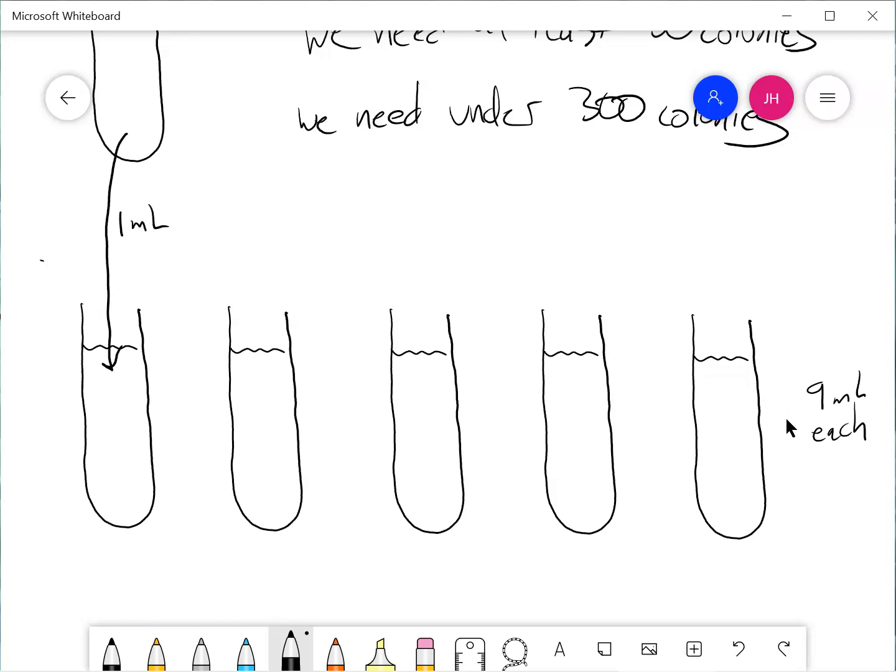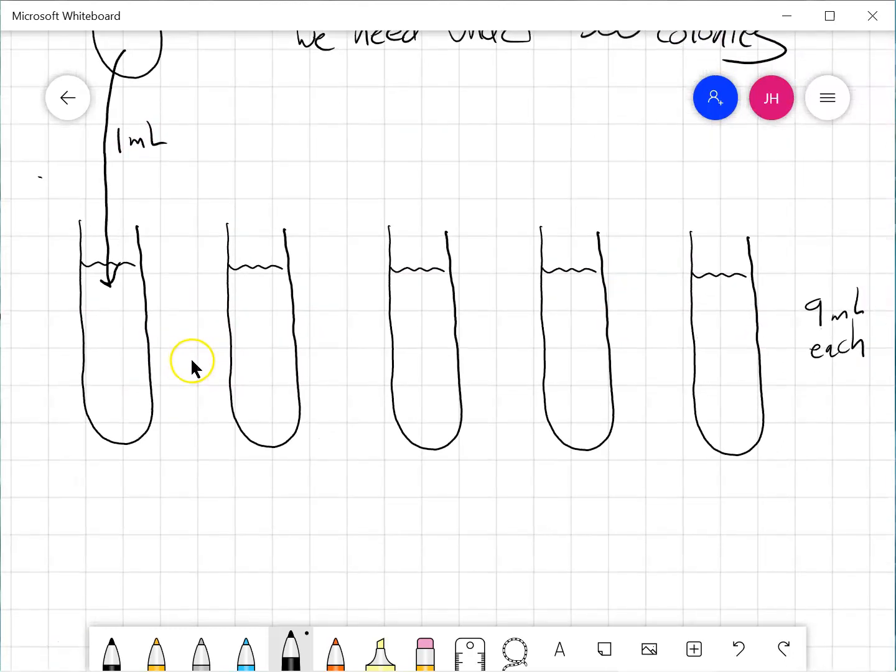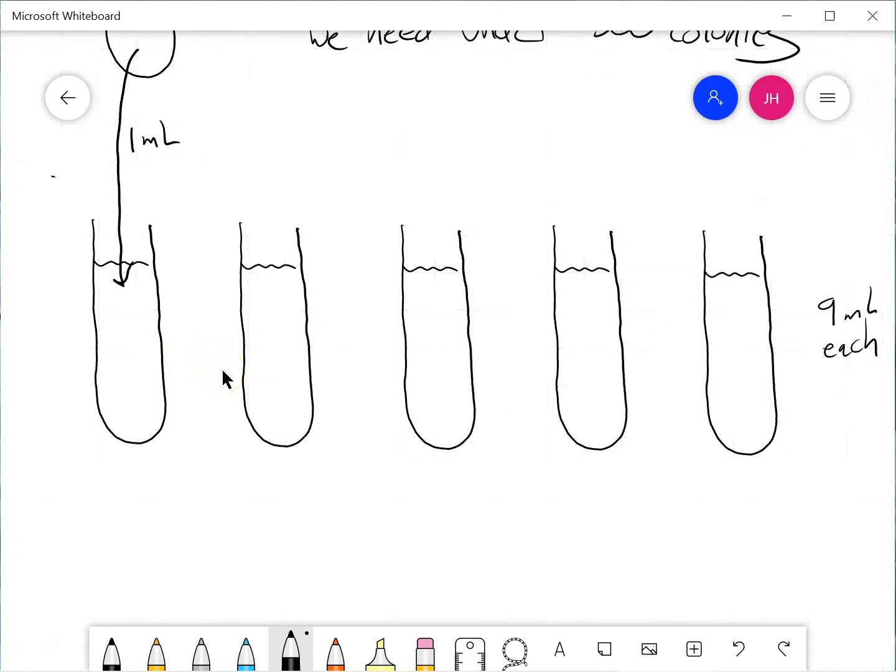Now, I could choose other volumes if I wanted to, but this is the simplest way. 1 milliliter into 9 milliliters. And so what that's going to give me is a final volume of 1 plus 9 equals 10 milliliters. So this is going to have a total of 10 milliliters in it once we add our sample. And we will have diluted our sample with unknown population size tenfold, because we have taken 1 milliliter of it and redistributed it into a total of 10 milliliters.